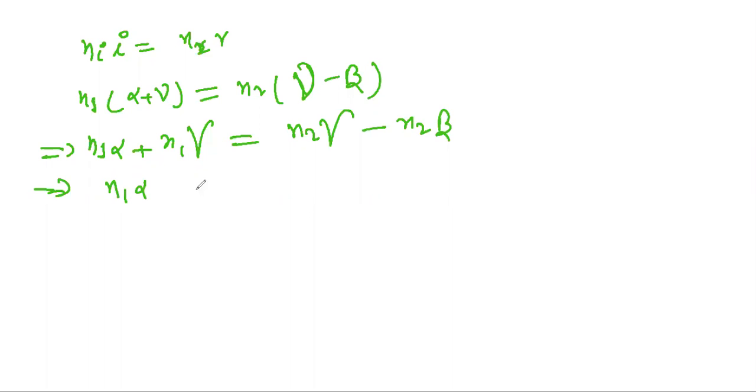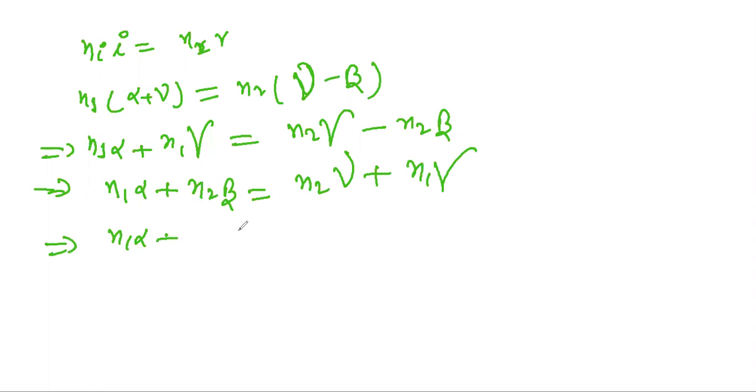N1 alpha plus N2 beta is equal to N2 gamma minus N1 gamma. Taking gamma common, this will be N2 minus N1. Do the correction, the minus sign will be here.